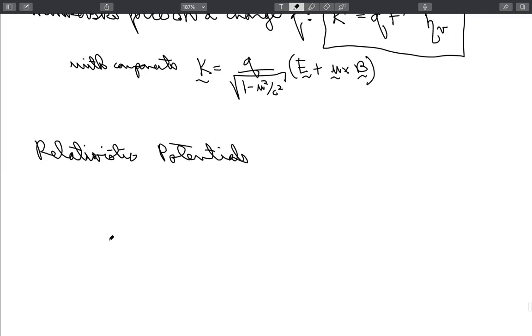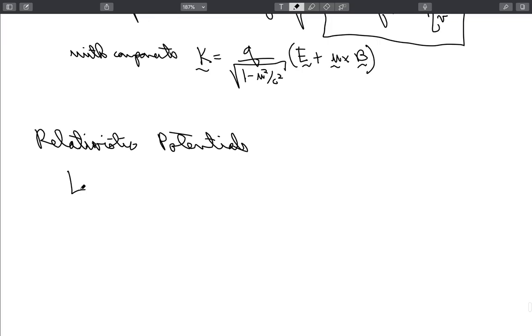Okay, so what we had was that the electric field was minus the gradient of the scalar potential minus the time derivative of the vector potential, and that B was just the curl of A.